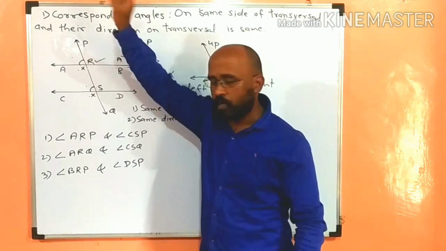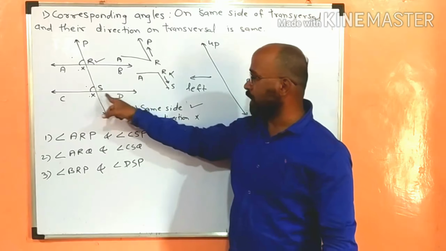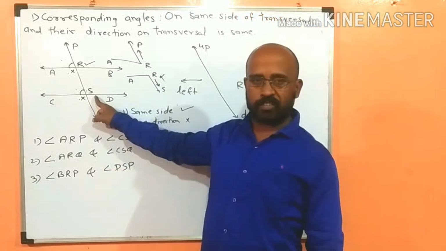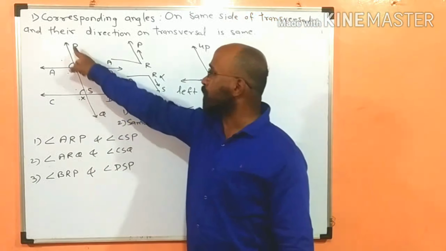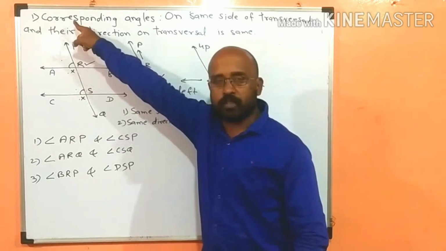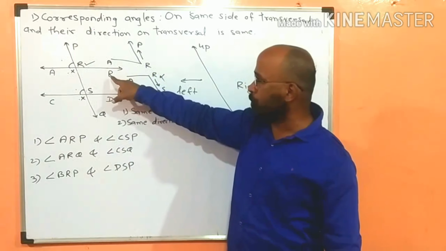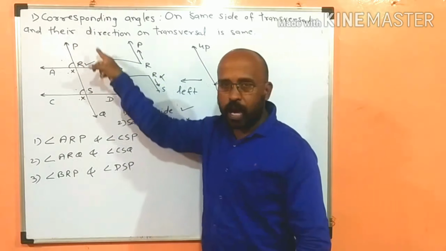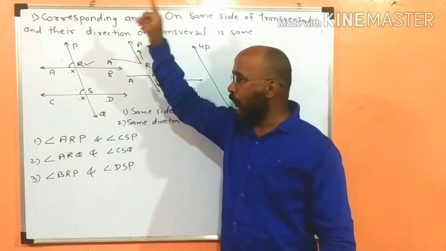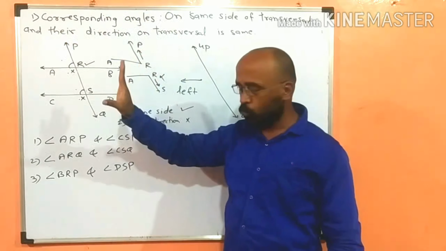RP is going towards up. DSP has two arms, DS and SP. Among these two arms, SP is the part of the transversal and direction of SP on the transversal is up. And in case of angle BRP, RP is the part of the transversal and direction of RP is also towards up. Clear students?